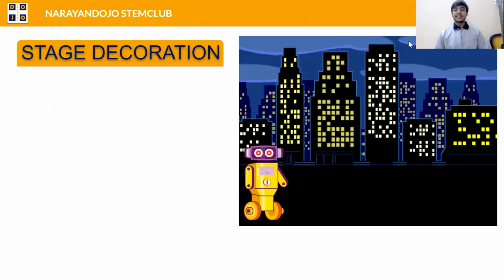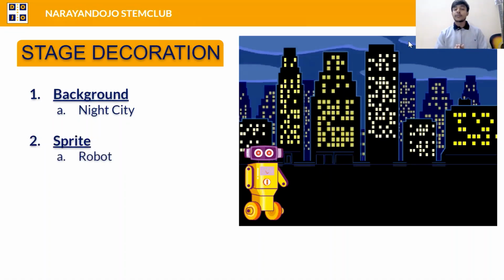So again, divide your project into the two parts. The first one is stage decoration and the another one is coding. So first decorate your stage with the night city background and the robot sprite.